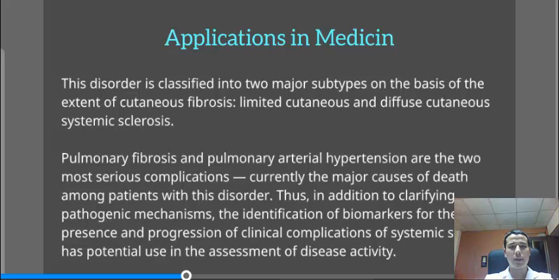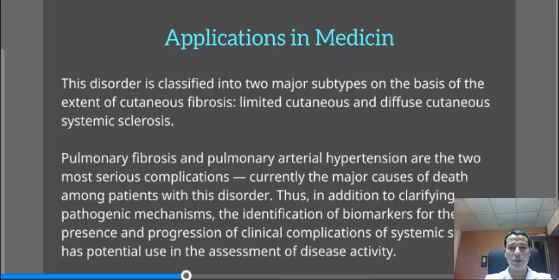This disorder is classified into two major subtypes on the basis of the extent of cutaneous fibrosis: limited cutaneous and diffuse cutaneous systemic sclerosis. Pulmonary fibrosis and pulmonary arterial hypertension are the two most serious complications, currently the major causes of death among patients with this disorder.